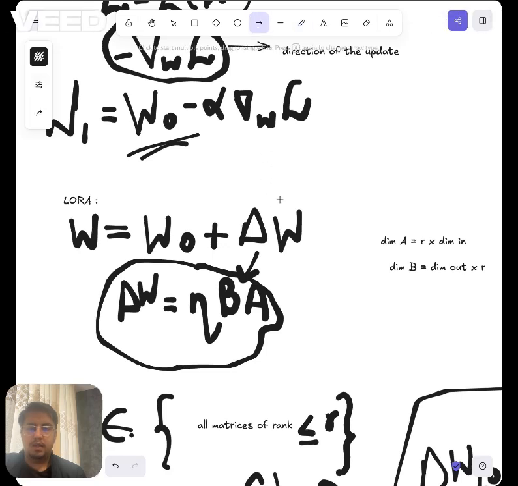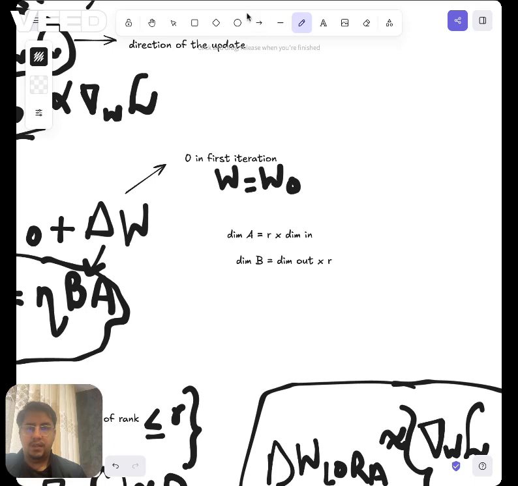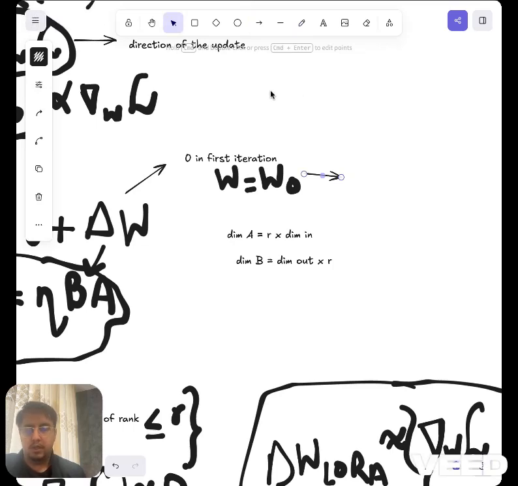Let's write it this way. 0 in first iteration. So therefore W equals W naught for the first iteration, right? Now this is something that we would require even in LoRa-GA as well, and we'll see how that term comes as a problem in terms of mathematical implementation.